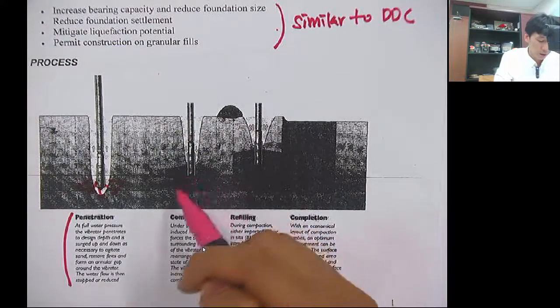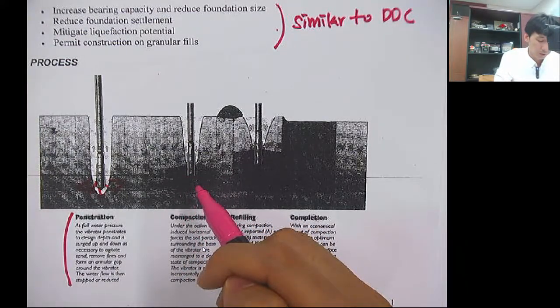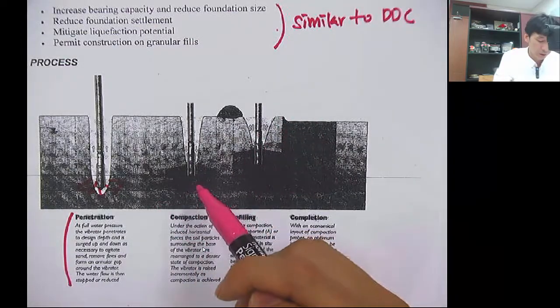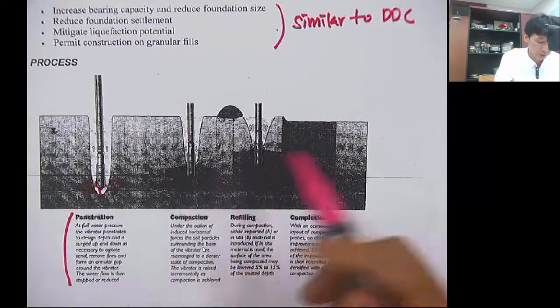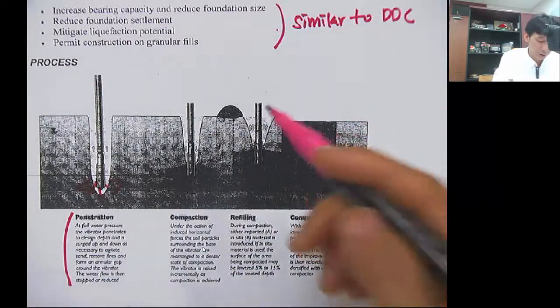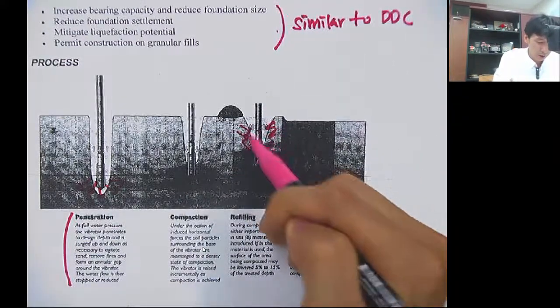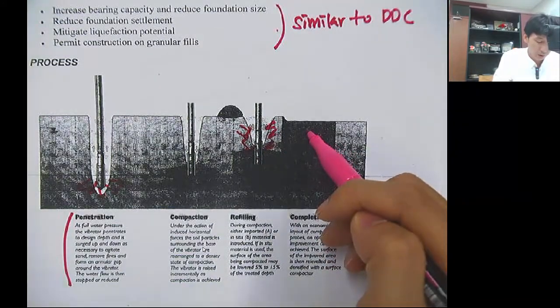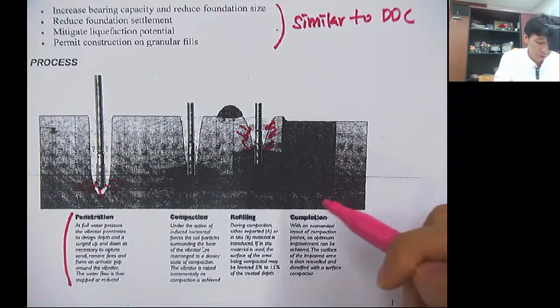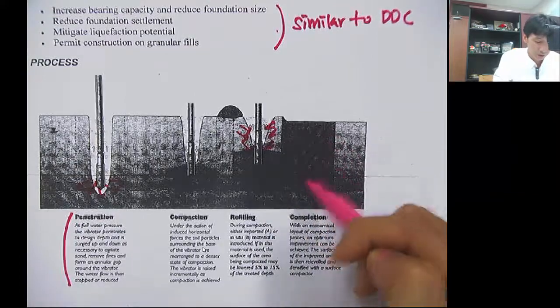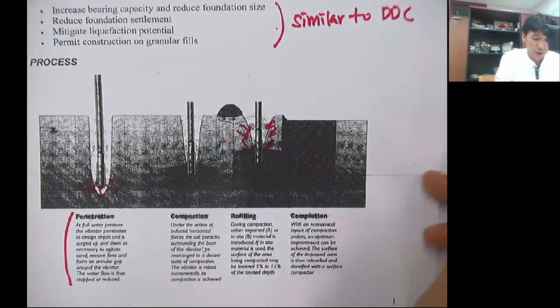Then apply the vibration to the surrounding soil so that it will compact the soil and densify it. Then as you withdraw, the soil will fill the gap so that when you take out all the probe, you have a soil column more densely compacted.